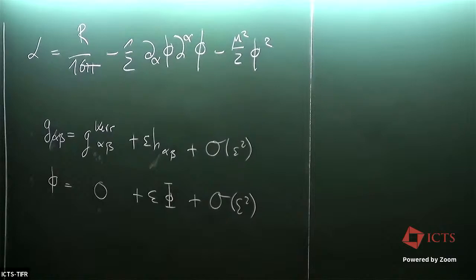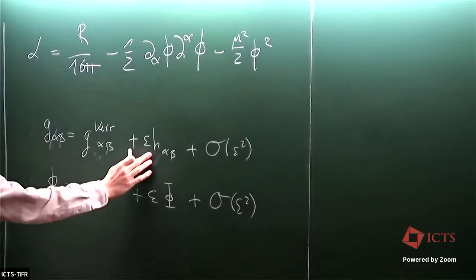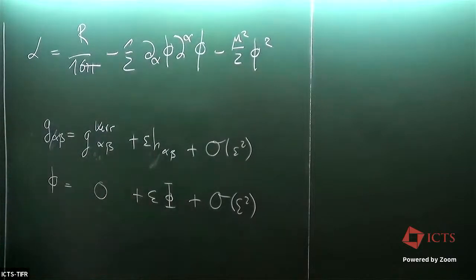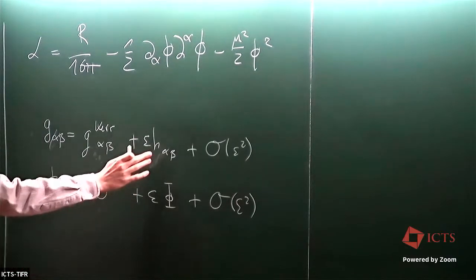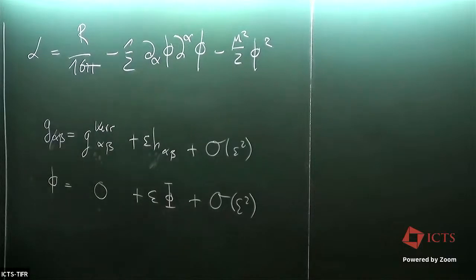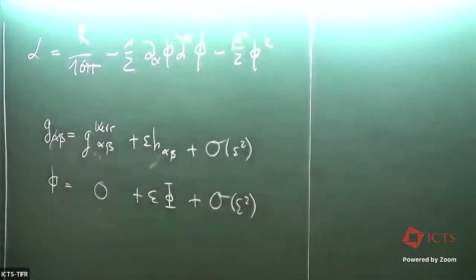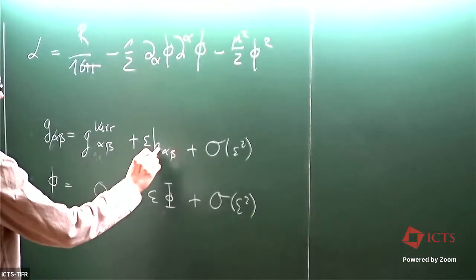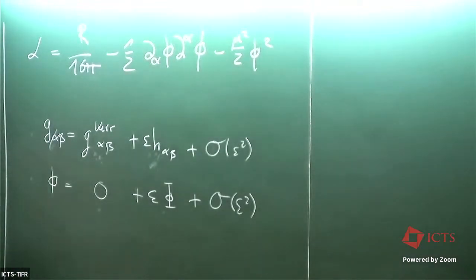And so we don't need to worry about what h does in order to find a solution for phi or vice versa. And so the equation that we're actually interested in is not the equation for h alpha beta, because as I said, around a Kerr black hole, the solutions to the equations for h alpha beta are basically just decaying solutions, which are the quasinormal modes, for instance, of a Kerr black hole.